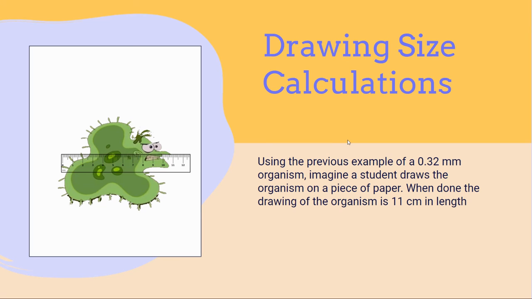So when you draw it on your paper, you want to measure the organism that you've drawn. In our previous example, we knew that the organism itself was 0.32 millimeters. But now we've drawn it on a piece of paper and it's now 11 centimeters in length, which is quite a significant size difference. We've magnified it quite a bit.